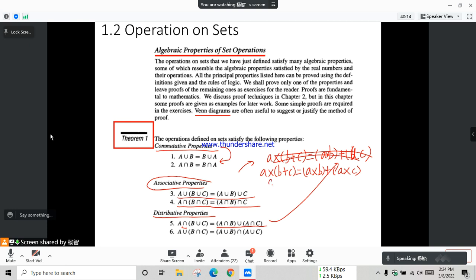This is like the intersection. You can think this is as the union, right? Okay, this is the distributive property of the set.